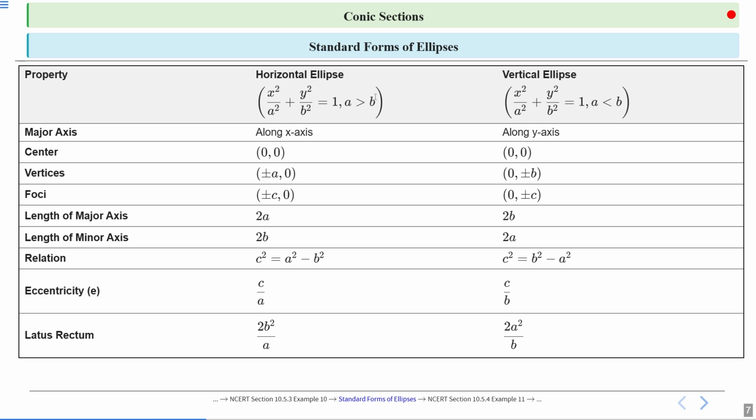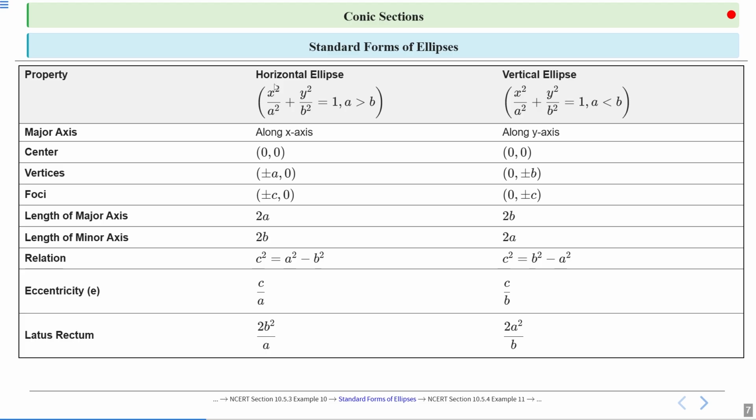You should keep this point in your mind: when a is greater than b, this standard equation represents a horizontal ellipse. When a is less than b, this standard equation represents a vertical ellipse.